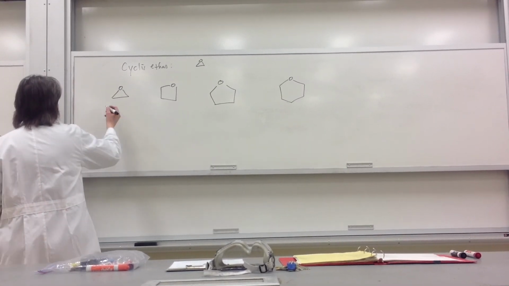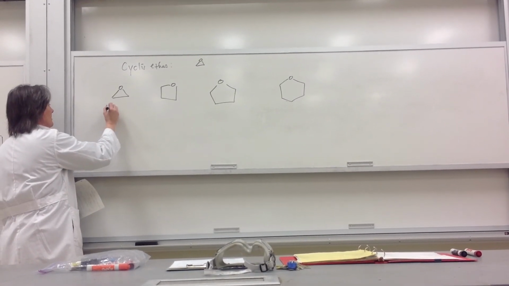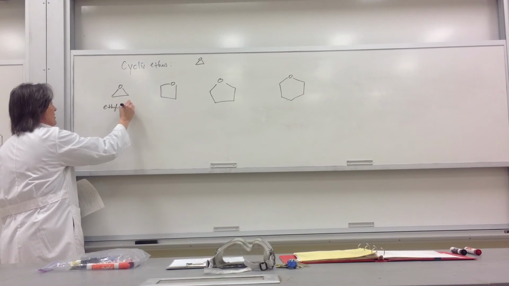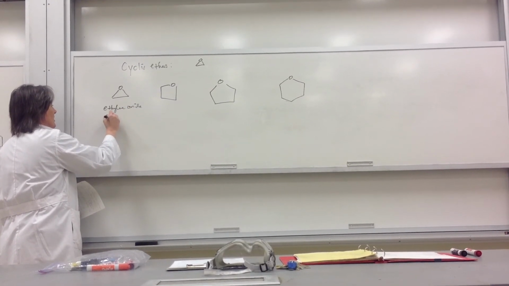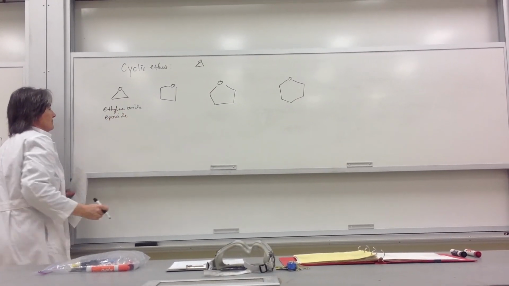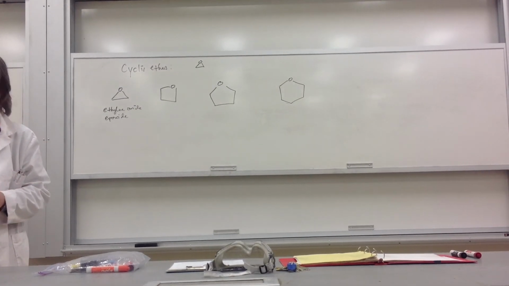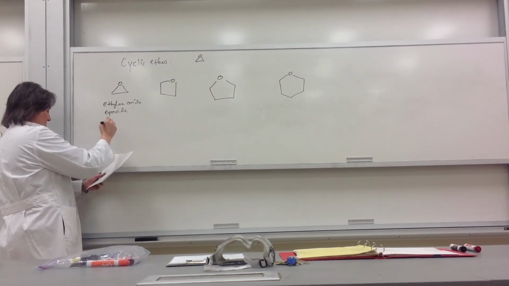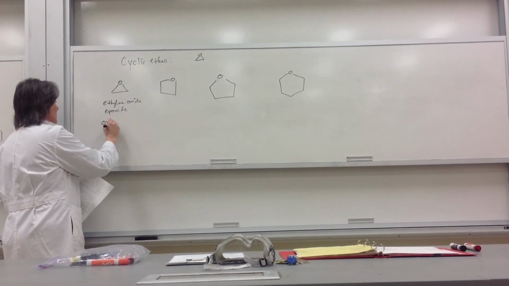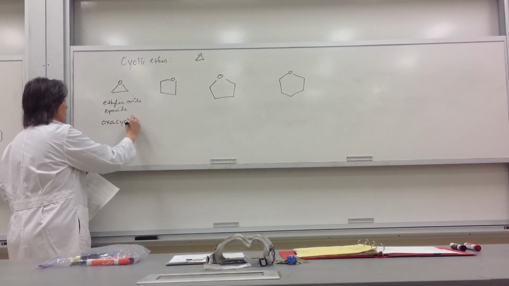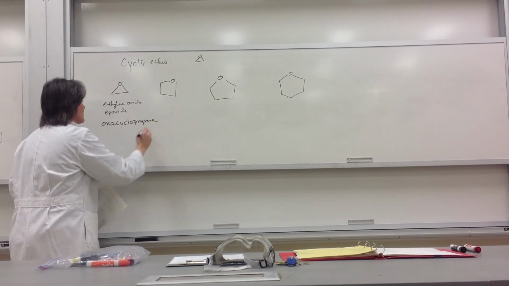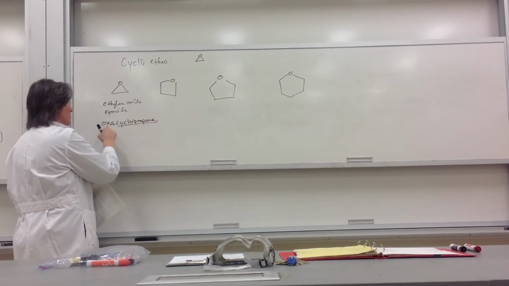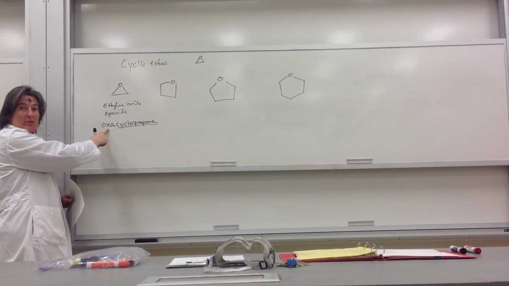The 3-membered ring has a couple of names. Ethylene oxide, that's common. Epoxide, that's common as well. So those are its 2 common names. Then it could also be called, make sure I get this right, oxacyclopropane. It's a cyclopropane, but with an oxygen, isn't it? Oxacyclopropane.